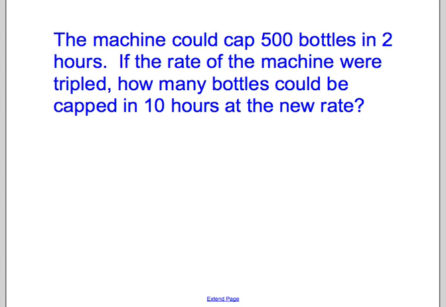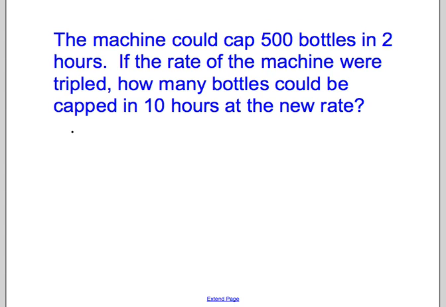All right, here we're talking about capping bottles, but it's still a rate and time thing. How many can we cap? We're looking for a speed, so to speak. The machine could cap 50 bottles in 2 hours. So we're given a total.